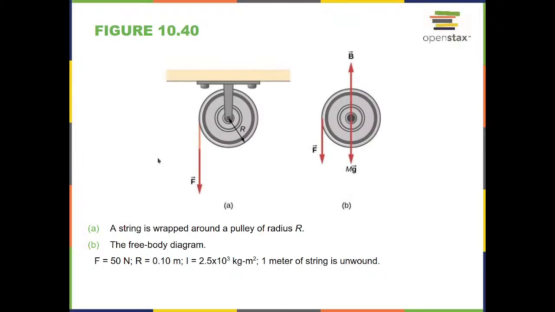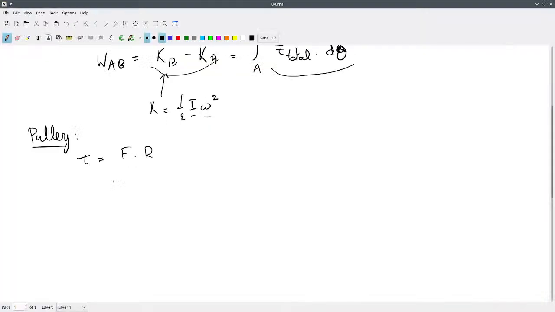And the other thing we need to get to our work is the change in angle. Because the torque is constant, we can use the fact that the work to go from A to B is going to be torque times the change in angle. To get the change in angle, we're going to use the length of the string that is unwound, which we'll call little d.